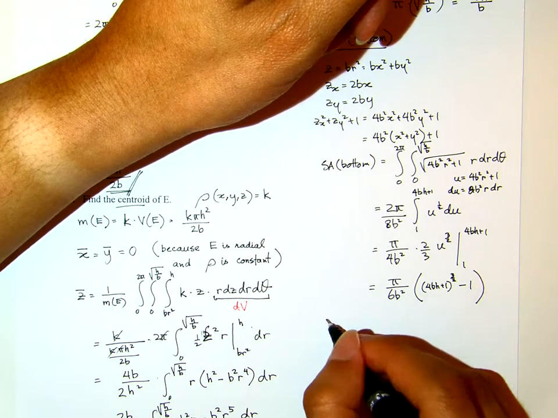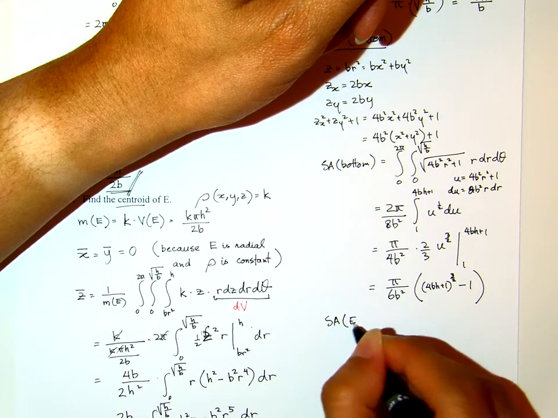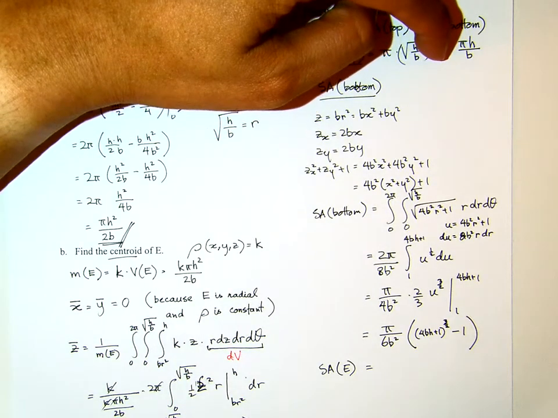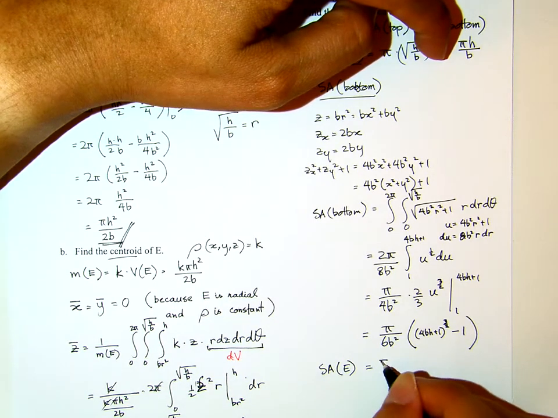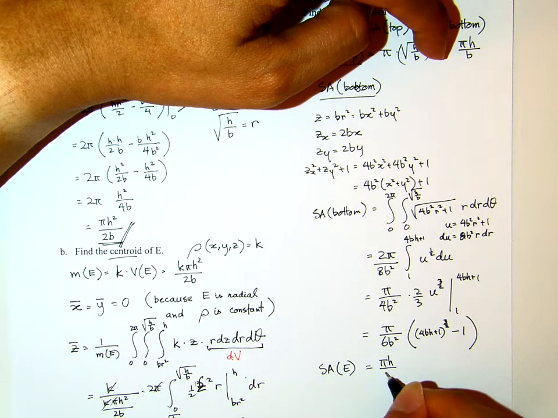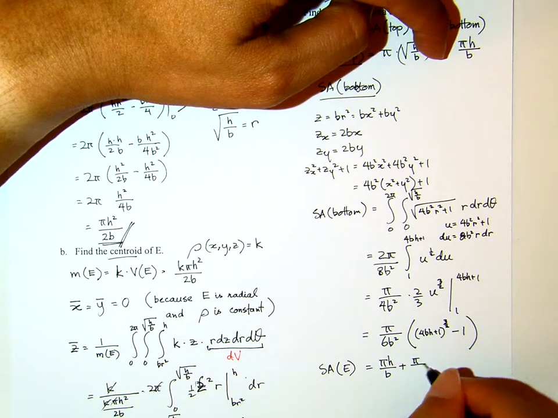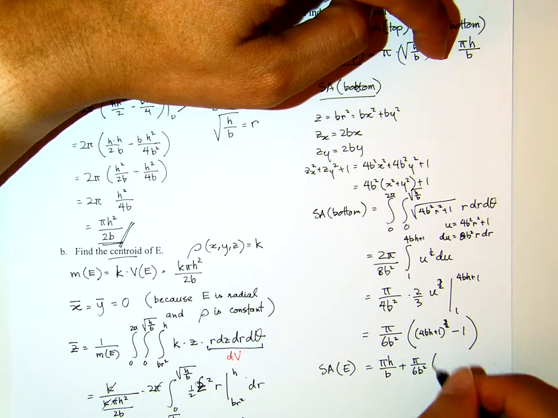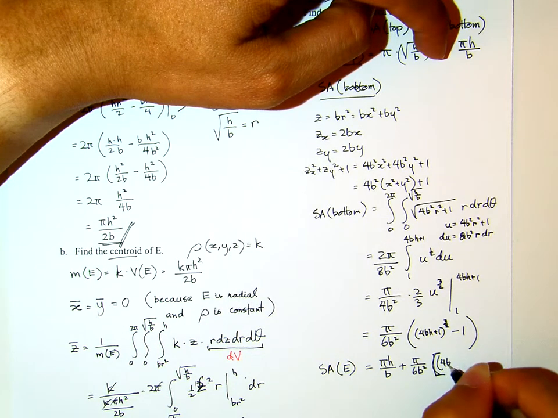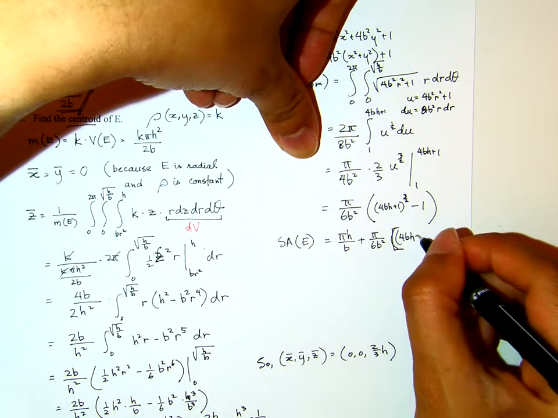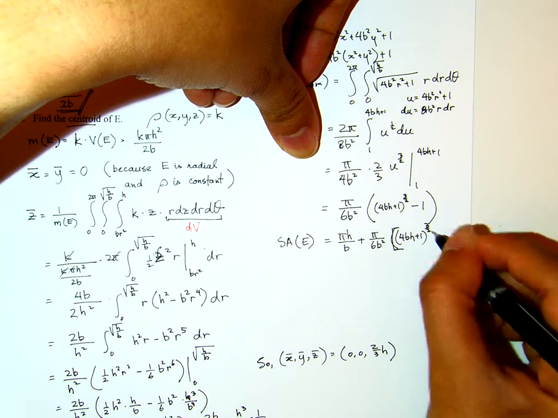Okay, now then we go back to the surface area of solid E, which will be the sum of that thing plus this. Now there will be pi h over b, that's the surface area of the top, plus pi over 6b squared times 4bh, oops, it's way too long, I'm sorry, plus 1 to the power of 3/2 minus 1.